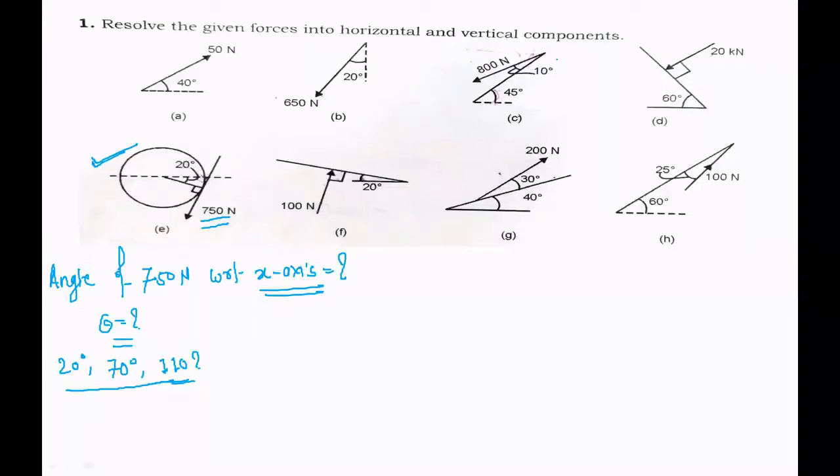So I will show how it is 70 degree. I will draw the figure. In the figure, a circle is given, and the force 750 Newton is acting tangent to the circle.